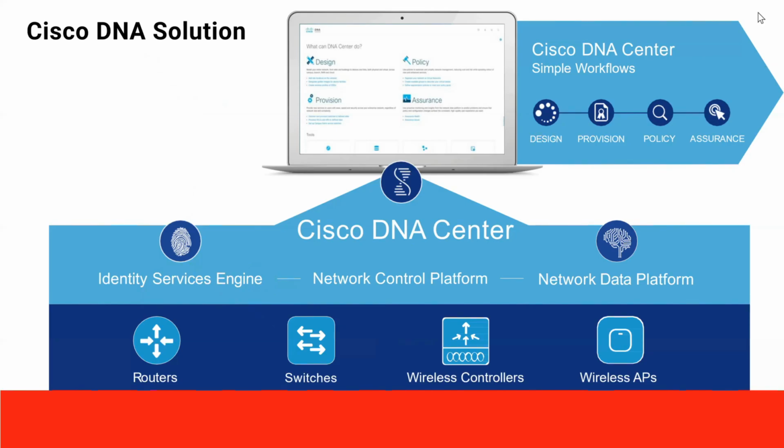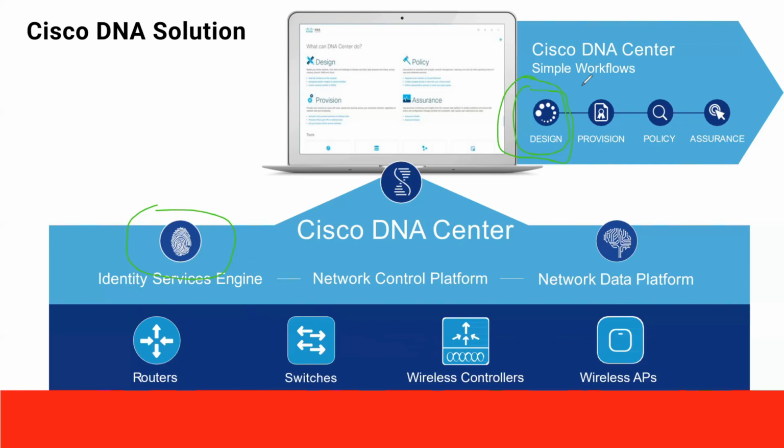The design part deals with building a hierarchy of all the campuses you have, defining what your SNMP server is, what your AAA server is. If it is integrated, you need not specify it explicitly. You also specify the syslog server, and everything is gathered in this design section, but not yet pushed to any devices.